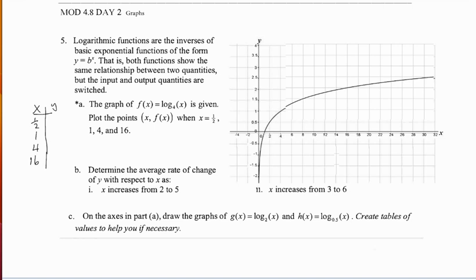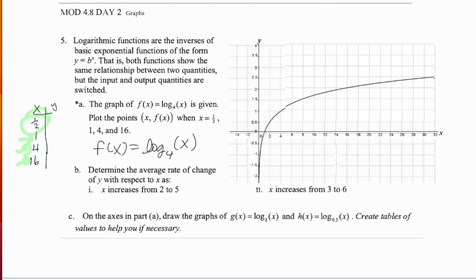Now remember, our function is the log base 4 of x. So we're going to be relating it to a power on a 4, okay? So the first one's a little strange. So I want to start with 1, 4, and 16.